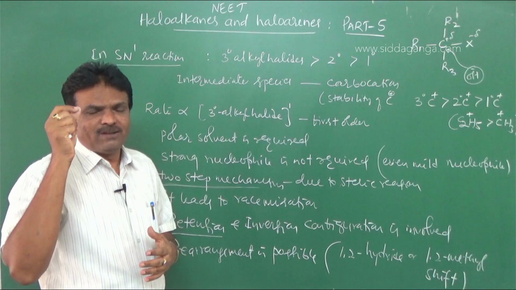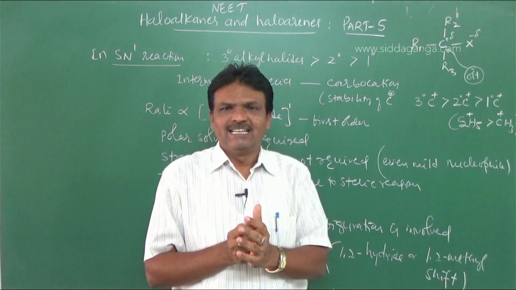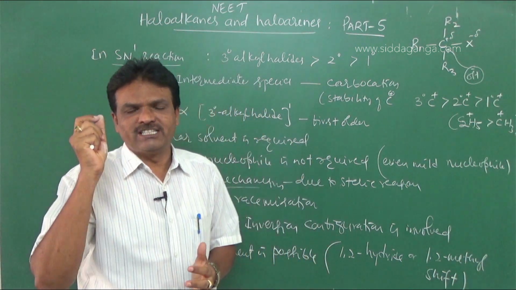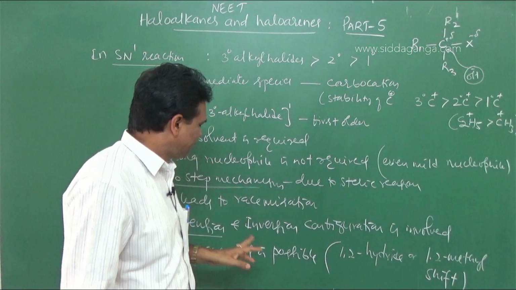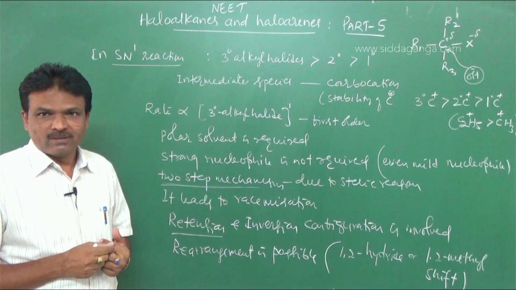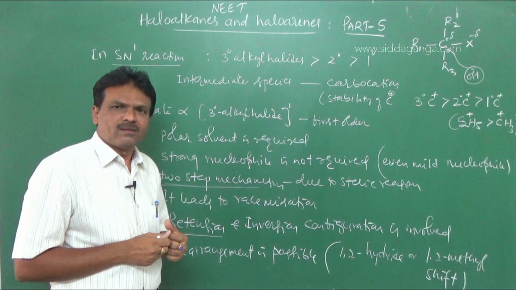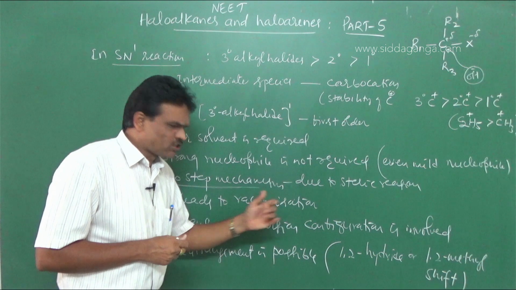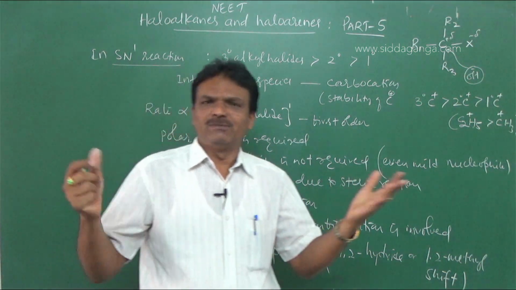So if in the compound formed the halogen is replaced by a nucleophile, that is retention, there is no rearrangement of bonds. But in the case of inversion configuration, the rearrangement of bonds is possible.